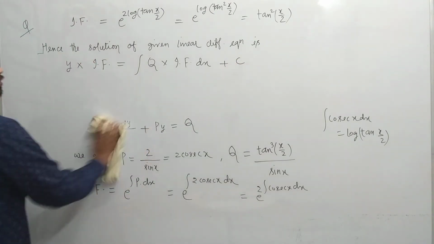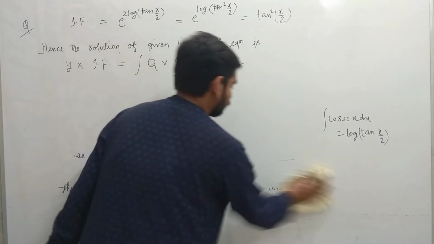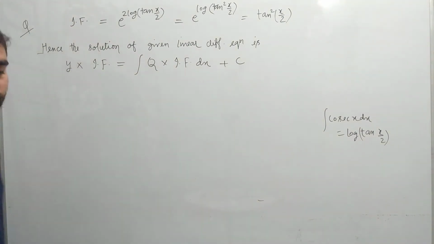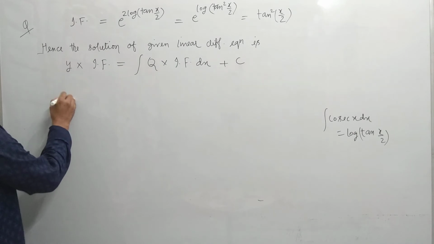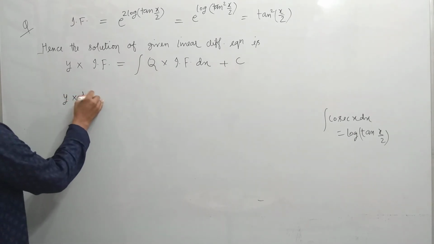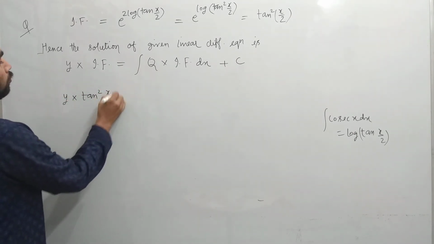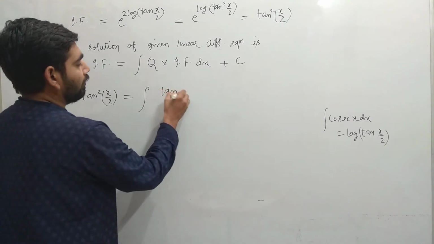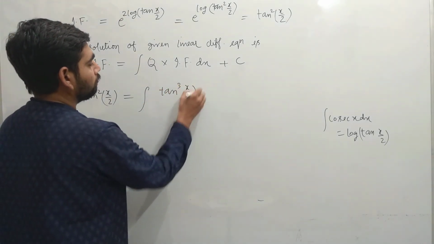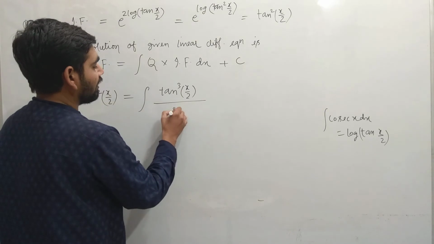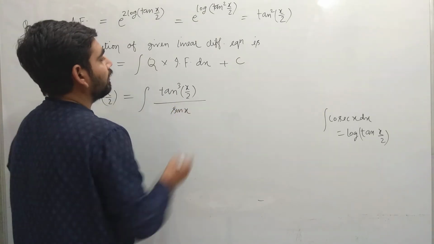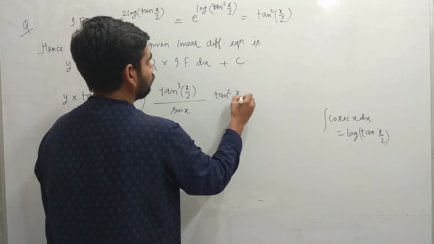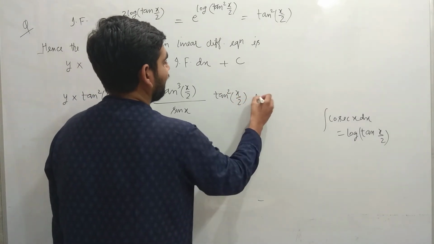On putting the values, the integrating factor is tan square x upon 2, so y into tan square x upon 2 equals integral of q, which is tan cube x upon 2 divided by sin x, into the integrating factor tan square x upon 2, dx plus c.